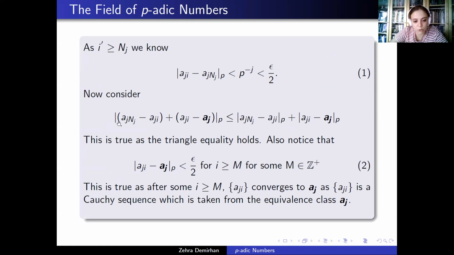Now let's consider this term, and let's write this inequality by using the triangle inequality again, and consider the second component of the right-hand side here. Here we have a sequence a_{j,i}, which is chosen from the equivalence class A_j. So we can say that after some point, let's say m, the terms of this a_{j,i} will converge to A_j. So this inequality is satisfied for i greater than or equal to m for some positive integer m.